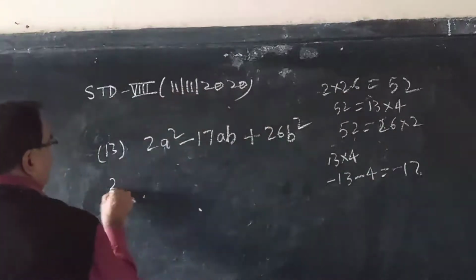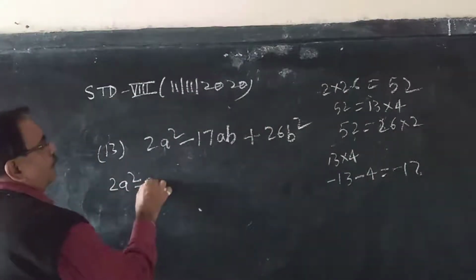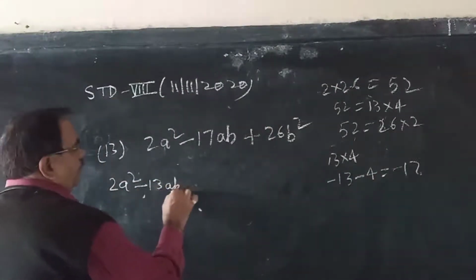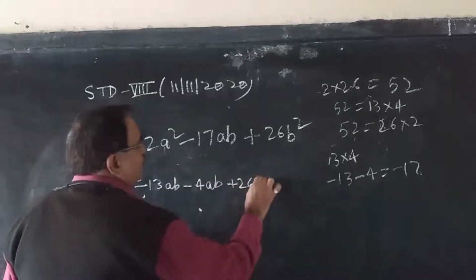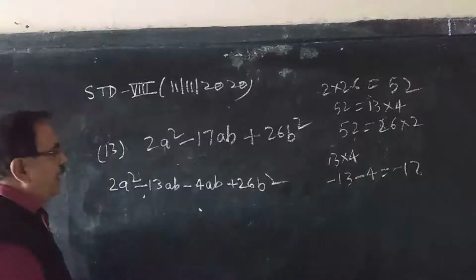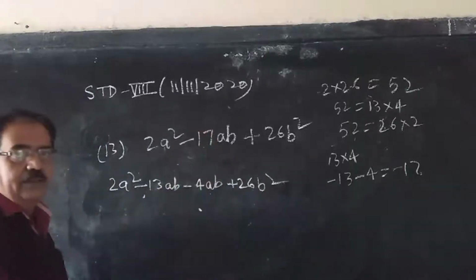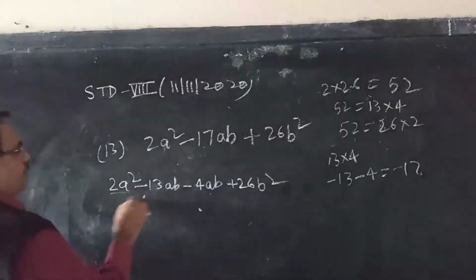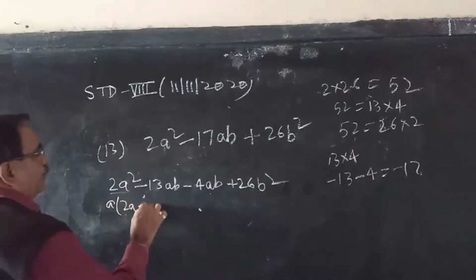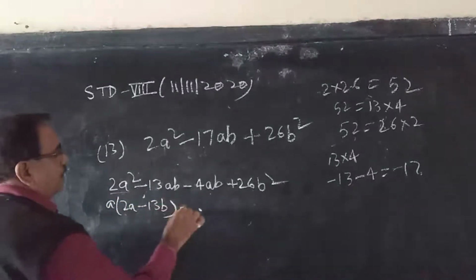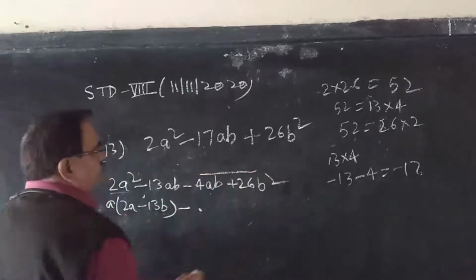So we will write here 2a squared minus 13ab minus 4ab plus 26b squared. So minus 13 and minus 4 is minus 17. Now take the common in the first pair. The common is a, 2a minus 13b. What is common in the last two?